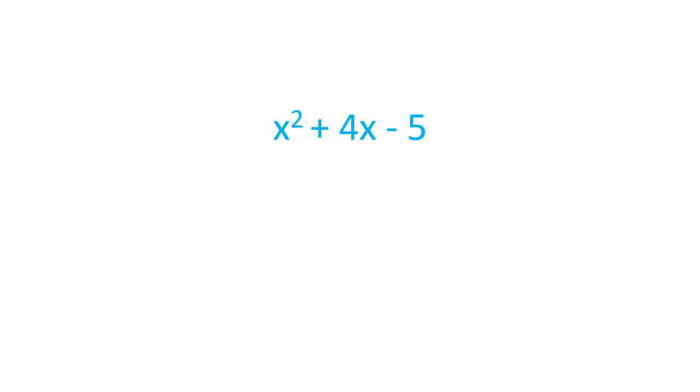So here's our expression, x squared plus 4x minus 5. Thinking about the last example, we would open up our two brackets, and straight away I would write in my x's. The last slide tells us if this c term here is negative, it means we have a positive and a negative. So let's list out the pairs of numbers which multiply to give you minus 5. We'll have minus 5 and plus 1.